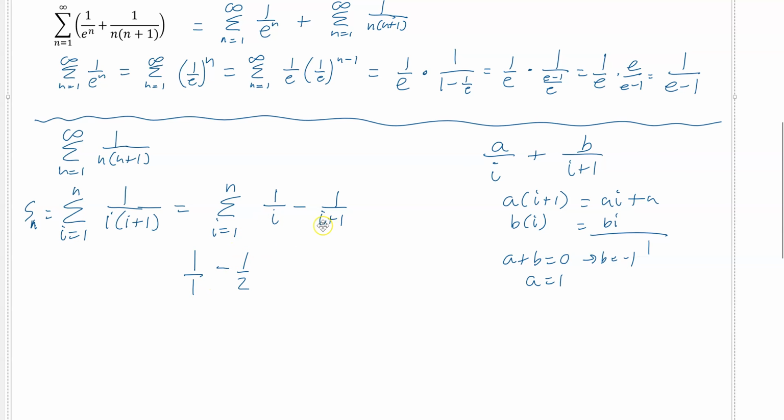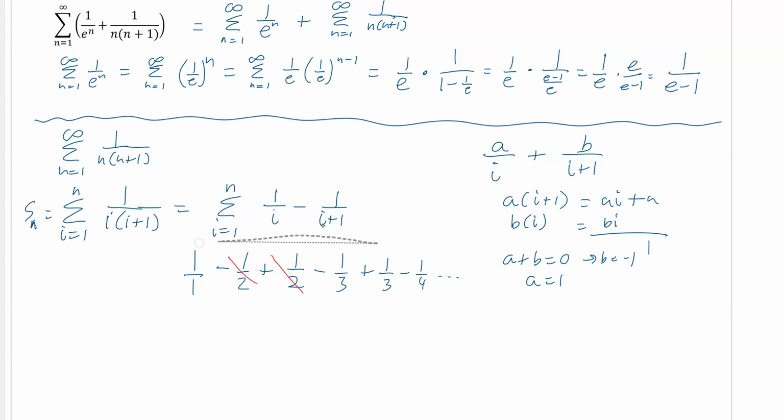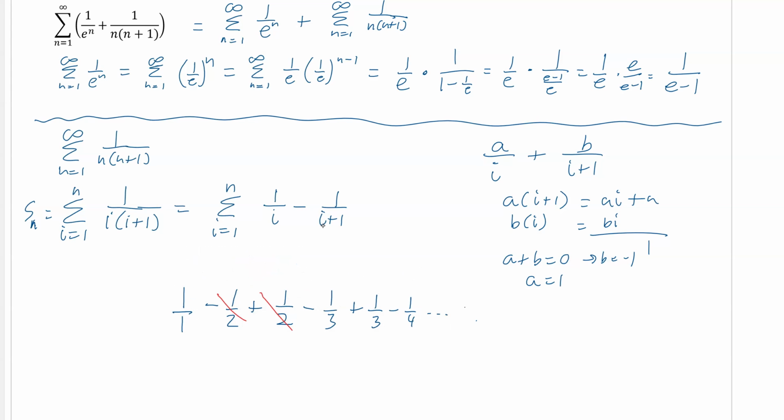Plus, now we plug in 2 and we get 1 over 2 minus 1 over 3. And there it is. They're starting to cancel. Boom, boom. So it's already nice. Now we move on and it'd be 1 over 3 minus 1 over 4, dot, dot, dot. Plus, and then we'd have 1 over n minus 1 minus 1 over n.